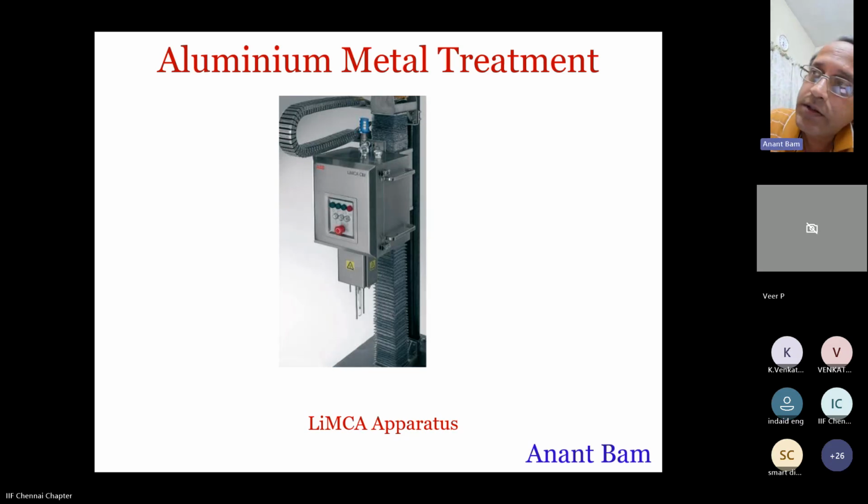Now, what is the effect of clean liquid metal on mechanical properties of the casting? As I discussed earlier, it achieves homogeneity of the casting. Your casting becomes more reliable. The difference between test bar properties and the casting properties is negligible.